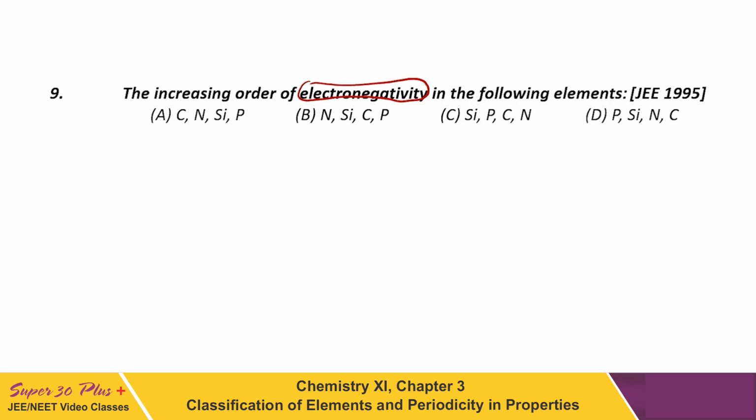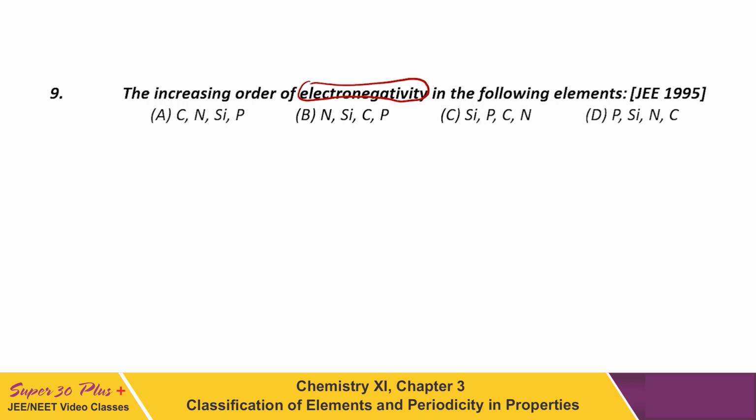Students, if you remember, electronegativity is the tendency of any species to gain or to attract the shared pair of electrons in the covalent bond. So in the covalent bond, a shared pair of electrons is there, and the tendency to attract that shared pair of electrons is called electronegativity.